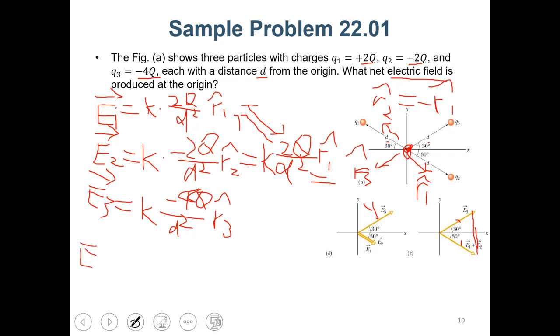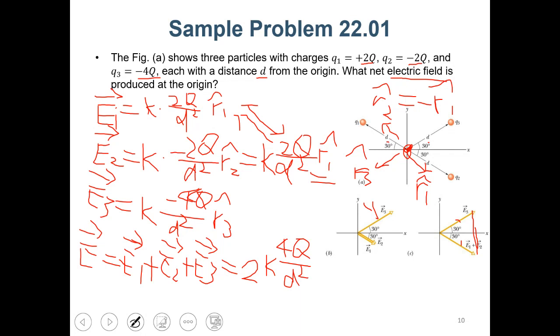So E total, or maybe we can simply write it as E, is E1 plus E2 plus E3, which is 2 times K times 4Q over D squared, times cosine 30 degrees. Actually pointing to the positive x-axis.